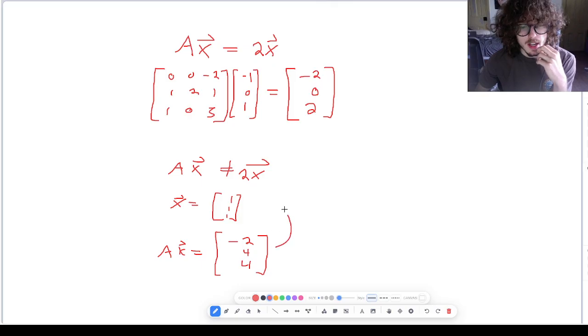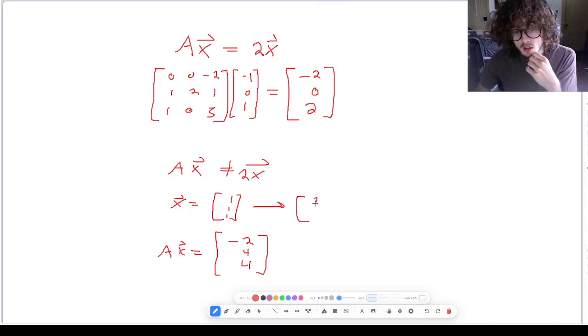And notice that's not 2 times our vector. If 1, 1, 1 were an eigenvector, we would have expected it to output 2, 2, 2, but we didn't get that. We got this. So it's not an eigenvector.